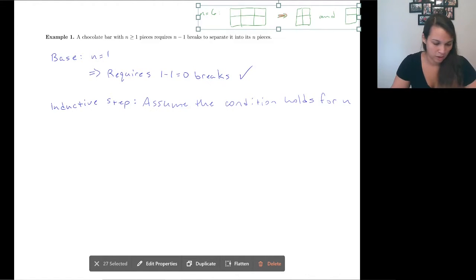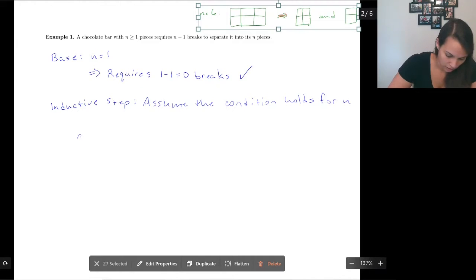Now we need to show that it works for n plus 1. So what I'm going to do is consider a chocolate bar with n plus 1 pieces.